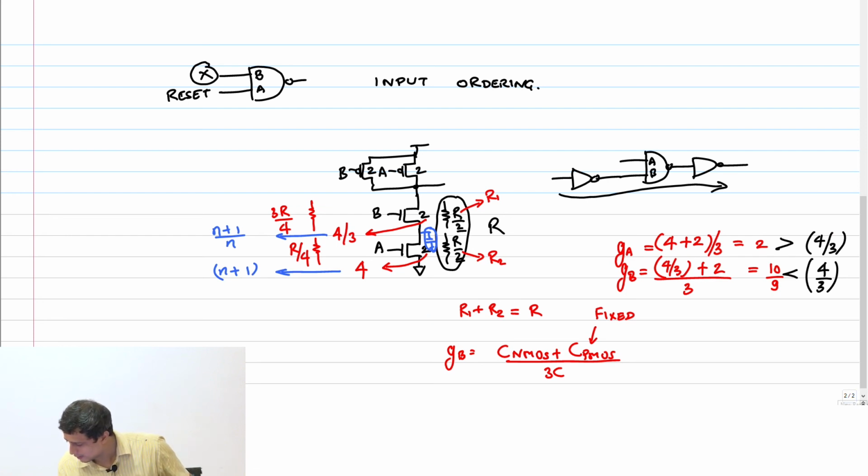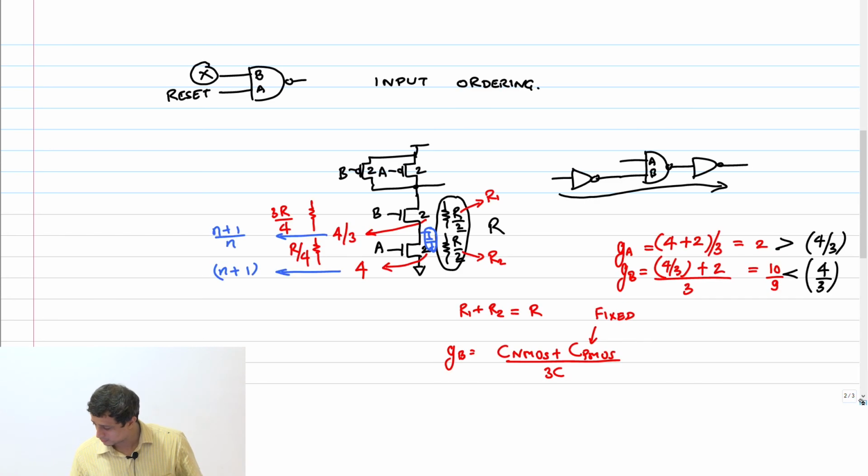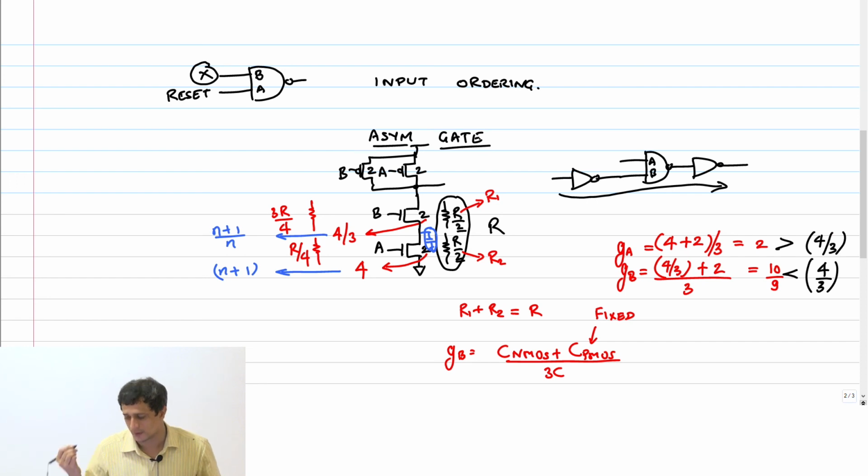Okay. So now, just by the way, this is basically known as an asymmetric gate, where the inputs are not symmetric any longer. Okay?